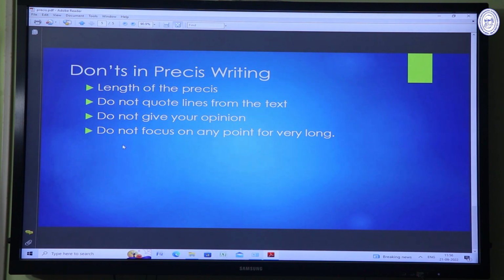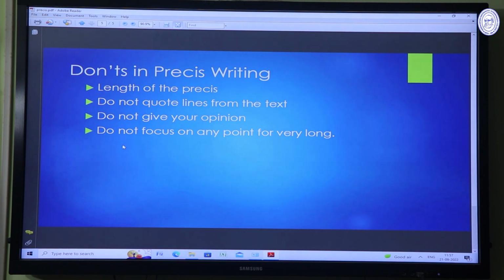Second point, while one is doing that, he or she must ensure no important point should go missing. Everything should be covered. Number 3, while somebody is writing the Precis, the person should ensure that he is not borrowing or taking a direct line or a quotation from the text.